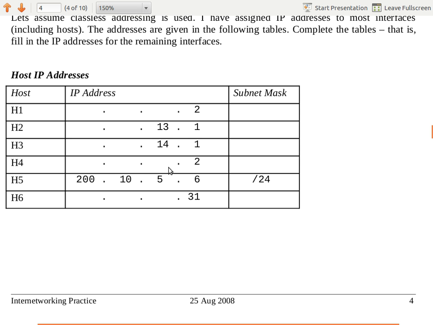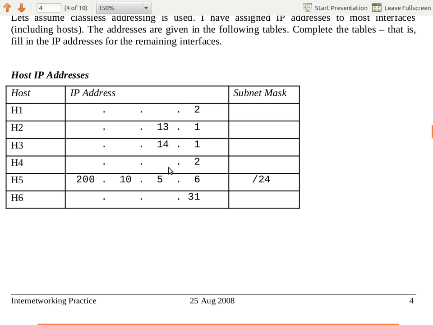All devices on the same subnet, their IP addresses must have some similarities. In particular, the IP address of A1 and the IP address of H1 must have the same network portion. The first X bits must be the same, and the last bits, the host portion, must be different. So we need to follow that rule, which applies to all subnets.